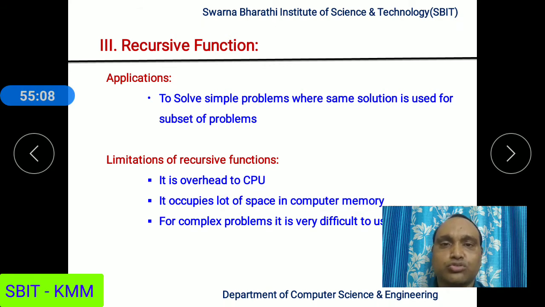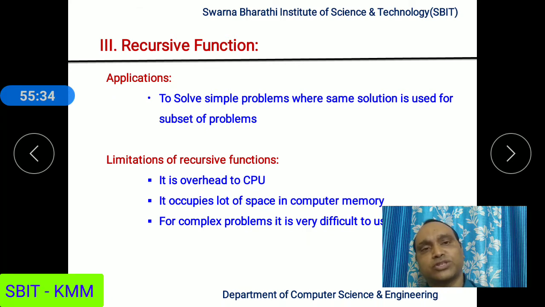Whenever the CPU wants to move from function 1 to function 2, it should store the function 1 variable values temporarily onto the stack, and then it should store the return address of the instruction which is going to be suspended for its execution now. That instruction address is to be pushed onto the stack, and all the intermediate results computed so far are to be stored on the stack, and then it has to move to function 2.